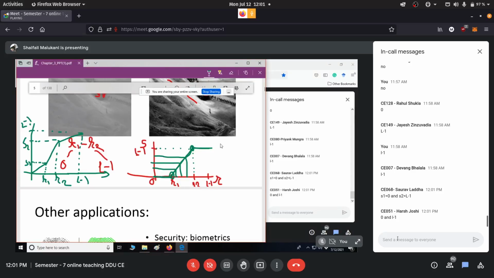I'm assuming that all of you are comfortable with contrast stretching. Those who are not clear can stop me right now. Any doubt? Okay. So now tell me, if I take S1 equal to 0, S2 equal to L minus 1, and R1 equal to R2 equal to K, which operation is that?